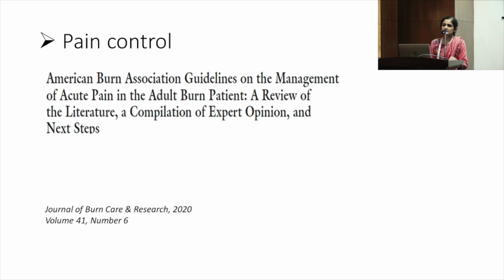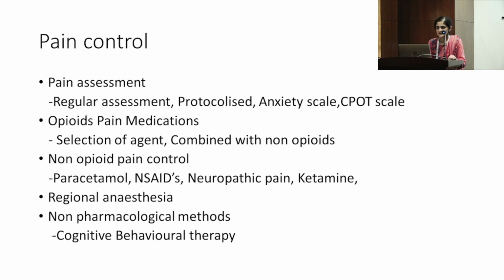Then coming to pain control, this is almost ignored, or we think that the patient is not complaining of pain, so probably there is no pain. Unless you objectively assess, you won't know whether the patient is having pain or not. These are the guidelines which tell you how you can assess pain in burns patients. There are various scales.